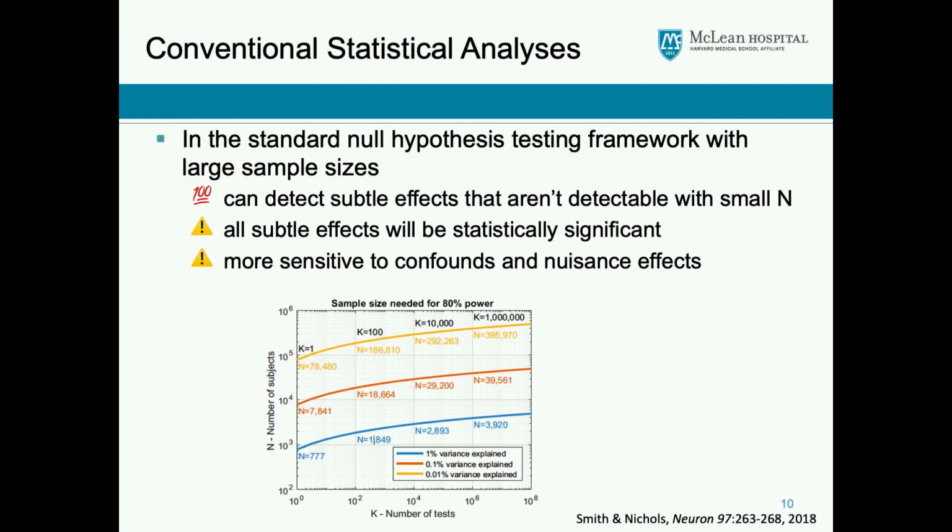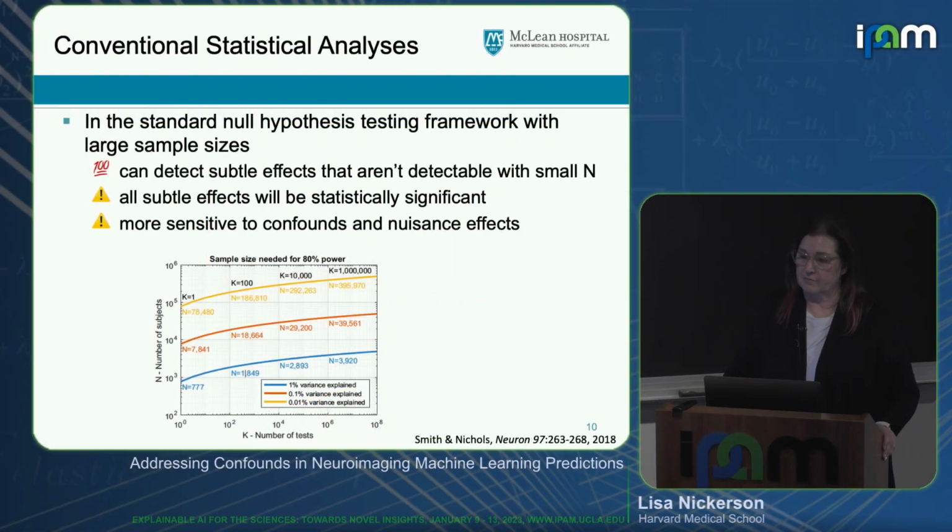For example, in this paper by Smith and Nichols, they show that with data from almost 15,000 participants from the UK Biobank, even with Bonferroni correction for 14 million association tests between image-derived phenotypes, things like volume of amygdala, connectivity between two brain nodes, and non-imaging variables, like tobacco use and cognitive test scores, statistical significance can be reached with much less than 1% of the variance in the non-imaging variables being explained by the image-derived phenotypes.